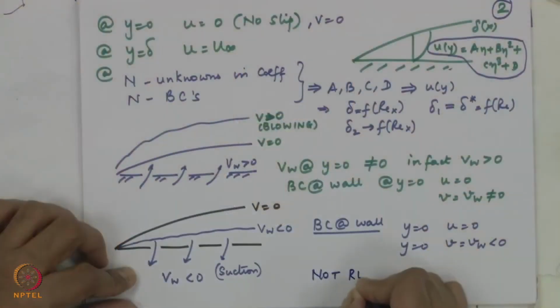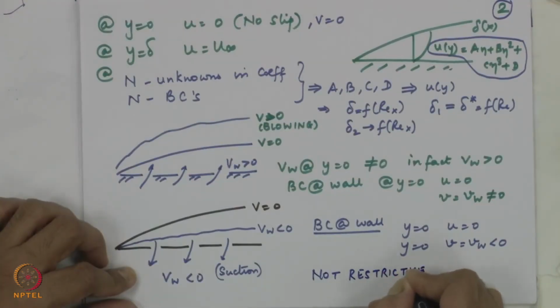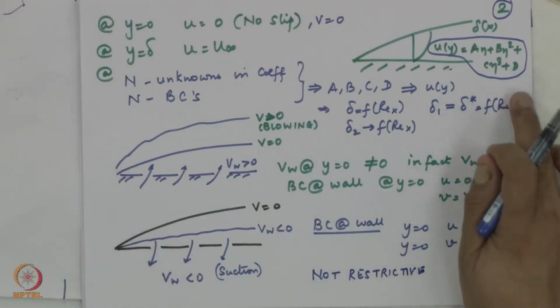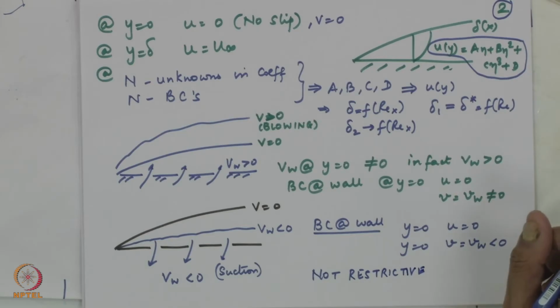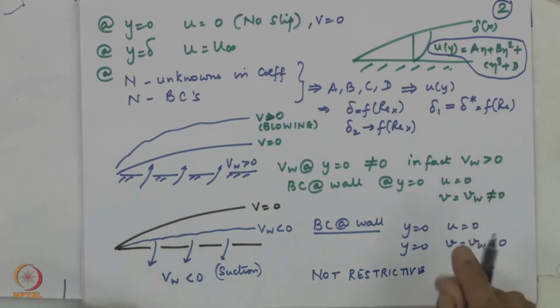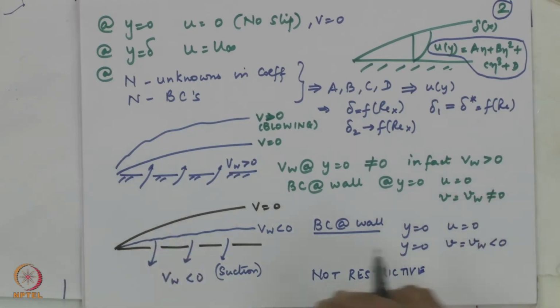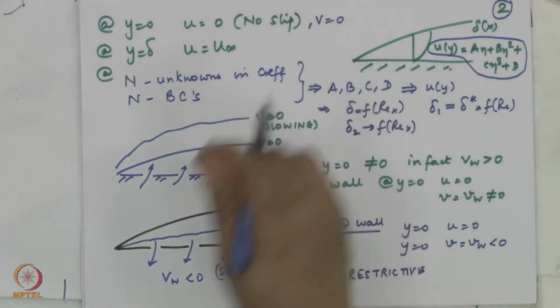The profile is your choice, it can be used for any type of problem, not restrictive. So, the integral method is not restrictive, but it is less accurate because of the profile fit that we are taking. All classes of problems you can do, except that the complexity may change according to the boundary conditions.